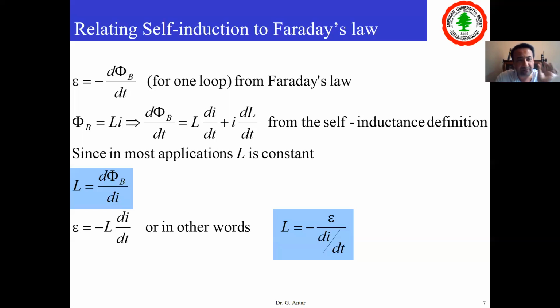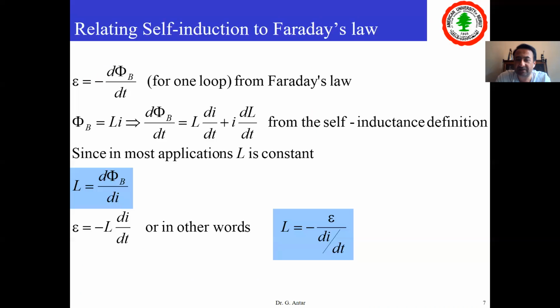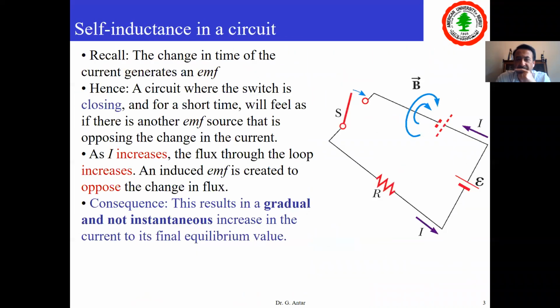But, and this is where it's tricky, this inductor, when I put it in the circuit, will only exist for the circuit when I is time varying. Because if I is not time varying, di over dt is equal to 0, and this epsilon, which is shown here, will be equal to 0.